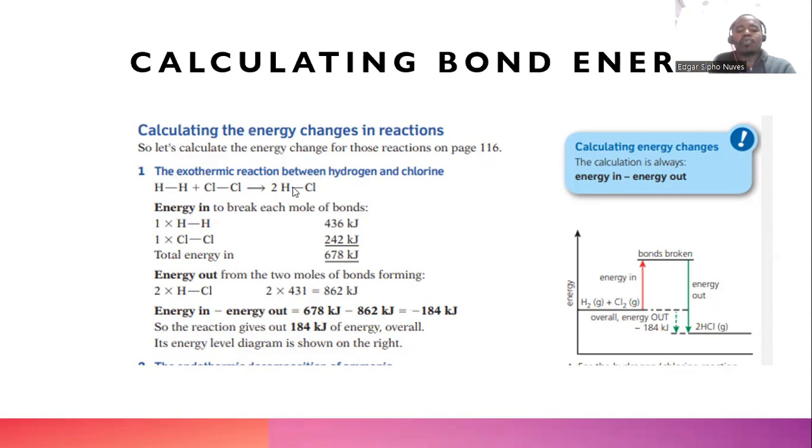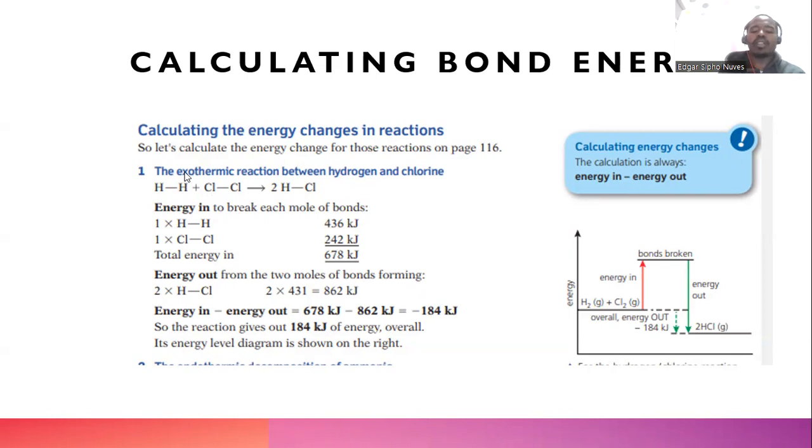Then we can draw it out like this, and we find a table. We have an energy table that tells us the amount of energy in an H-H bond, the Cl-Cl bond, and the H-Cl bond. These bonds are in the reactants, and these molecules need to be broken apart, so energy needs to be taken in.